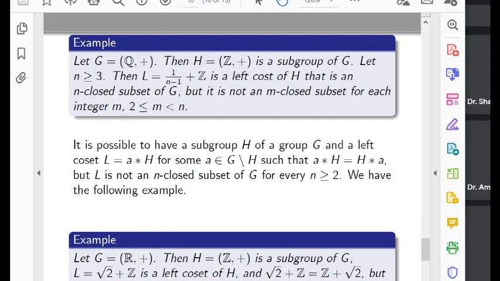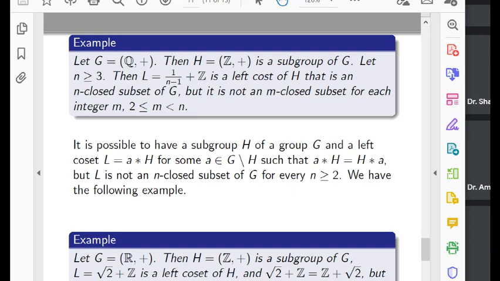Okay? And then another example here. It's possible that you have a subgroup H and a left coset L where these are equal, but L is not n closed for every n bigger than or equal to 2.